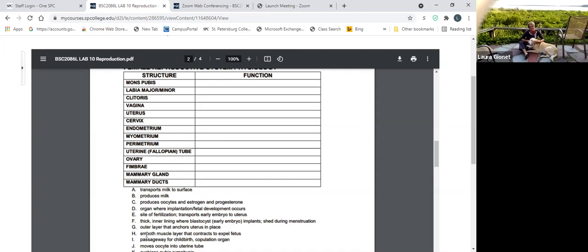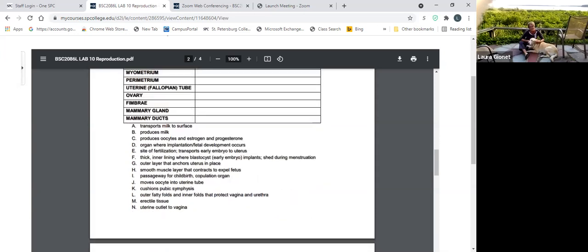That will be the target of oxytocin. I, passageway for childbirth and copulation organ. That is the vagina. J, moves the oocyte to the uterine tube or acts to capture it upon ovulation into the uterine tube. That would be the fimbriae.